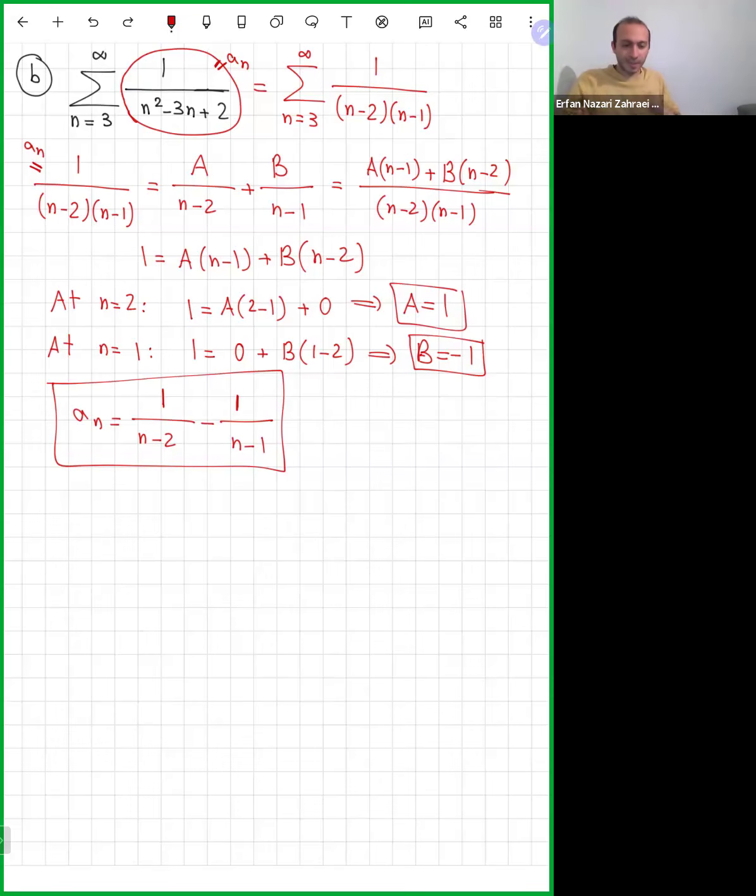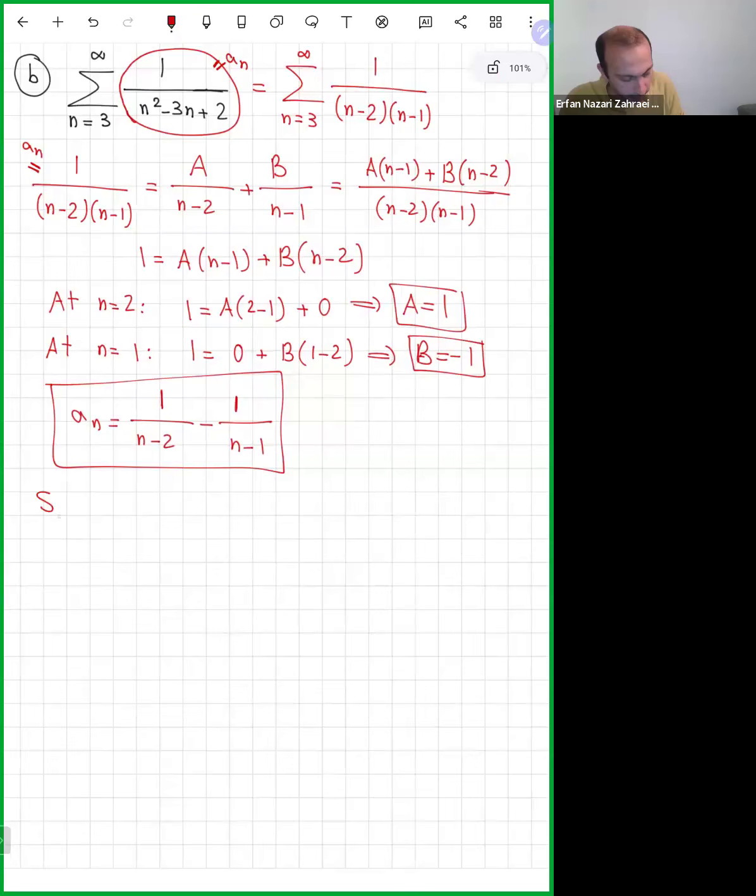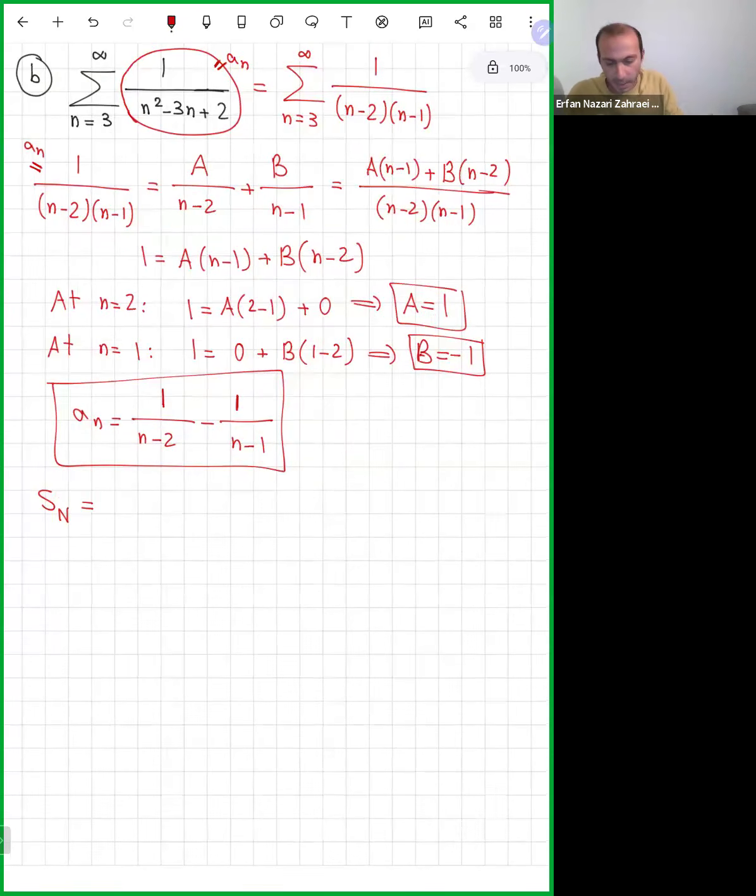And immediately when I recognize it as telescoping, I know that I can compute the infinite sum by using the partial sum. In the partial sum, all terms cancel except one term from the first term and one term from the last term. Let me compute the partial sum. What is the partial sum? By definition, it's the sum of the a's from the first term.